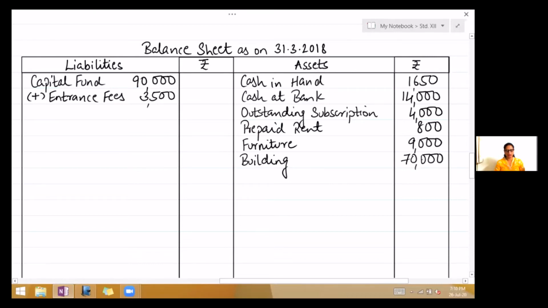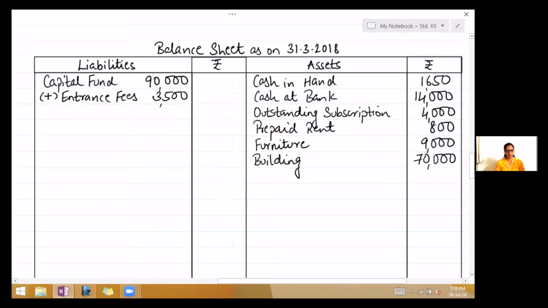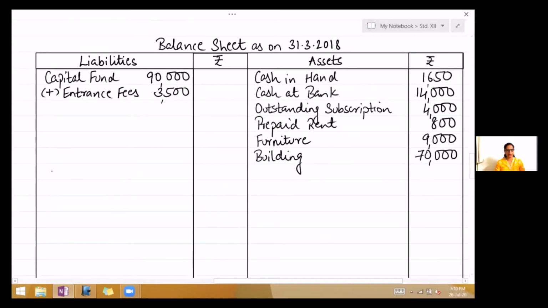And you have outstanding expenses, which is a liability. So on the liability side, leave some space and then write outstanding expenses 12,000. So now we are done with receipts and payments account and adjustments.